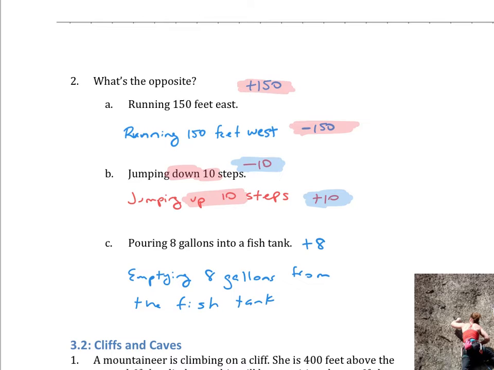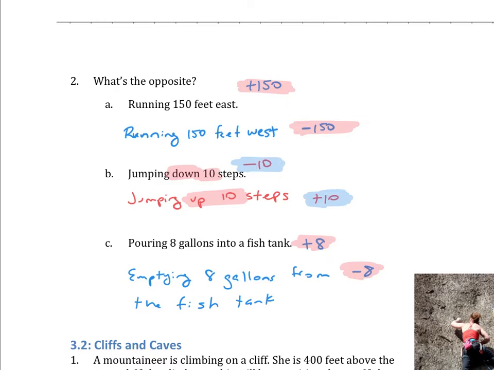Pouring and emptying are opposites of each other. Pouring in is the positive 8. Emptying would be the -8. So again, positive 8 and -8 are the opposites.